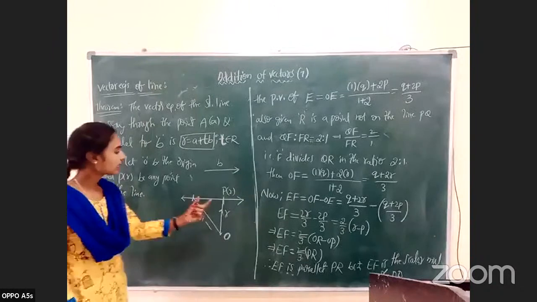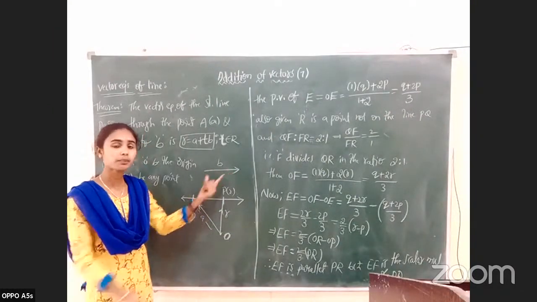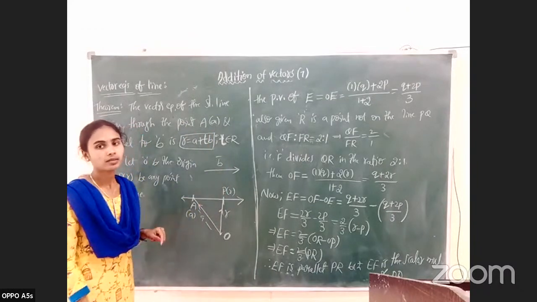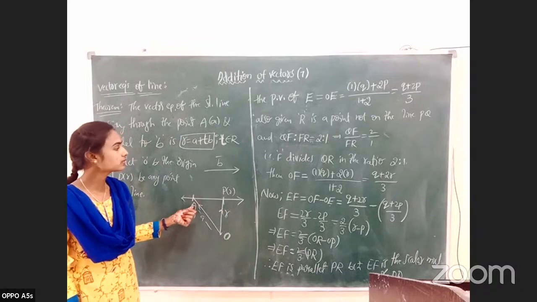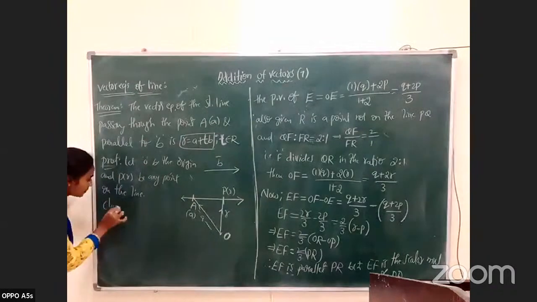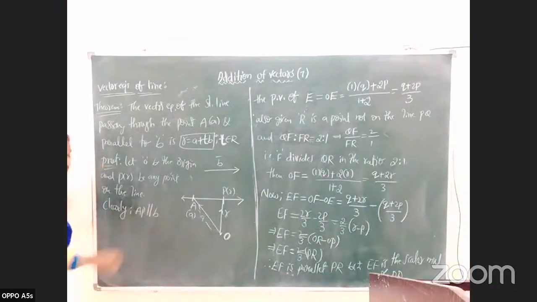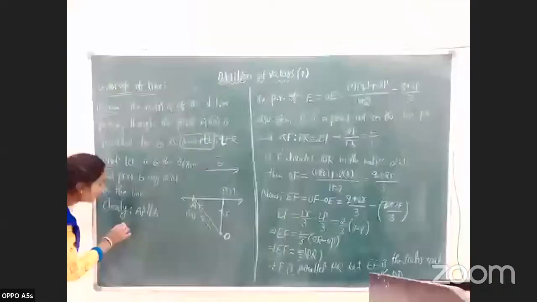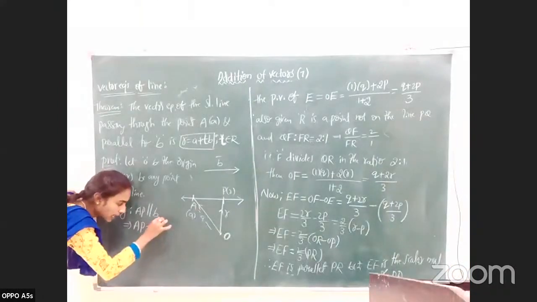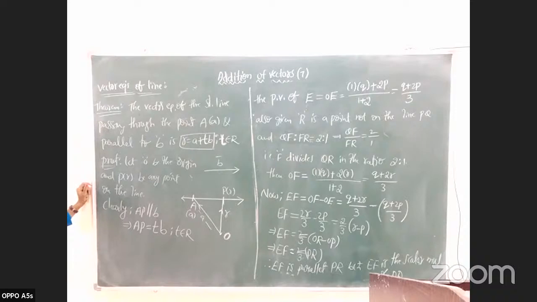So see clearly, the vector AP is parallel to the vector B, right? That means one can be written as the scalar multiple of the other, where the scalar is any real number.